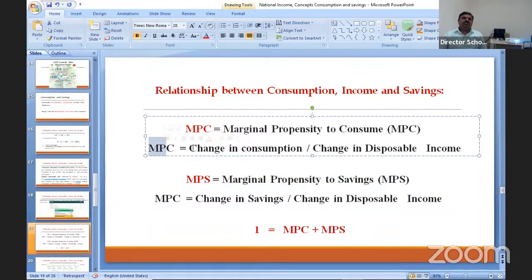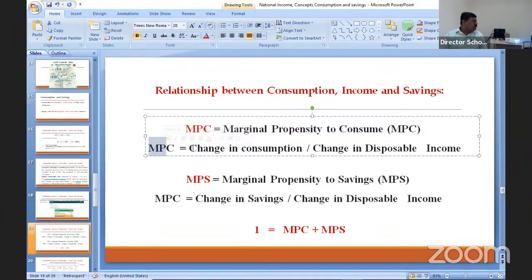Marginal propensity to consume means if the disposable income of any person changes, then the consumption of the person also changes. It is because consumption depends upon income. But which type of income? Disposable income, not personal income. If the disposable income increases, then the consumption will increase.